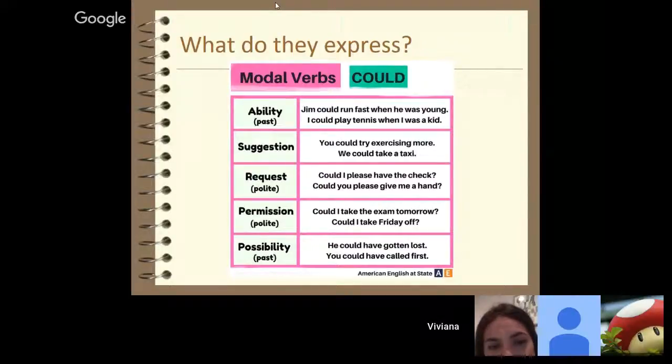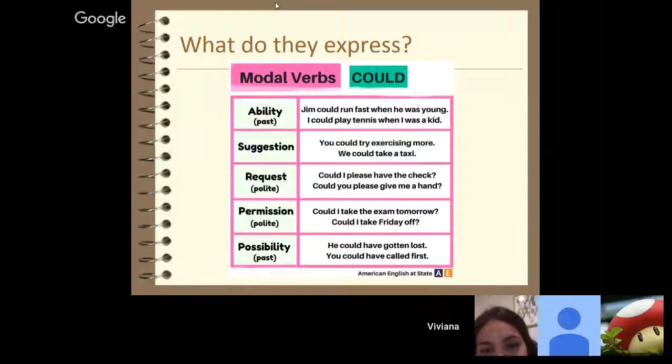Okay, suggestion. You could try exercising more. We could take a taxi. We could go to the cinema. We could get fast food for dinner, etc. A request, as a polite sentence, it's like, could you please give me a hand, or could I please have the check, or could you please give me 5 minutes more, etc. For permission, could I take the exam tomorrow?